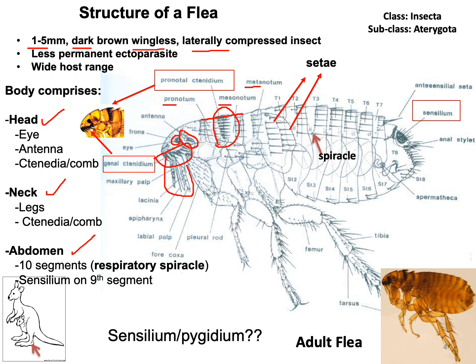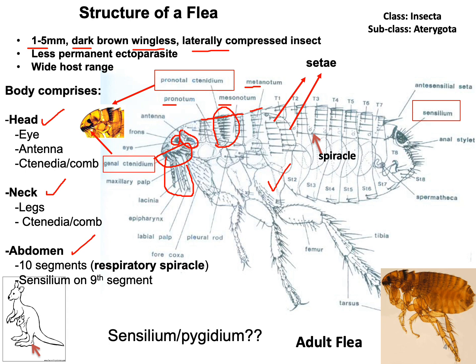On the neck region, there are three pairs of legs, and the third pair is heavier compared to the first and second pair. As a result, the flea can jump from the host body or onto the environment.